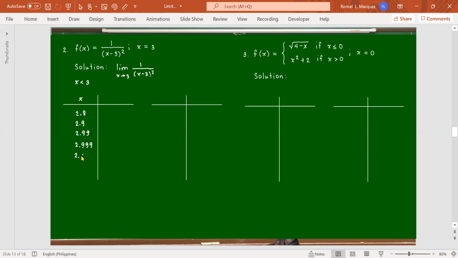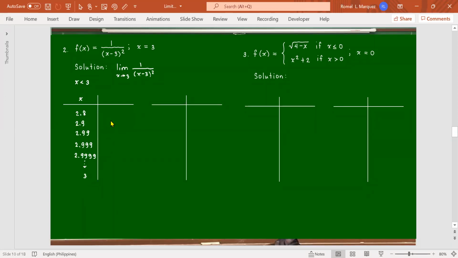And let's see if we can now find a pattern or enough values for f of x so that we can conclude what value is being approached by f of x as x gets closer and closer to 3 from the left.